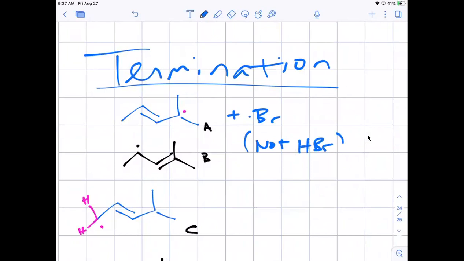HBr is already paired up, so I don't have an electron to share with the radical in either A, B, C, or D. So I need bromine. I'm saying that because I see this every semester, every time I teach this. HBr is present, but it's not a reactant in termination.